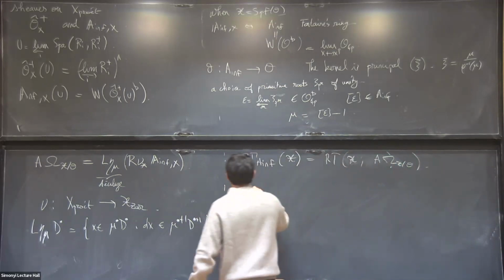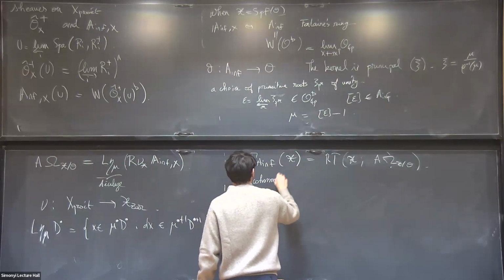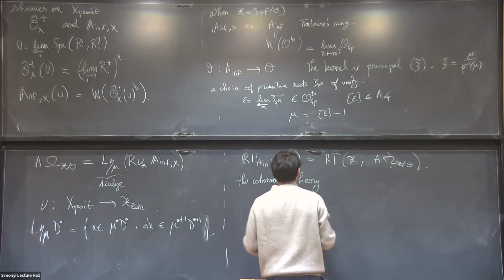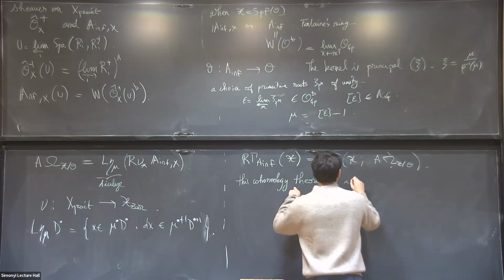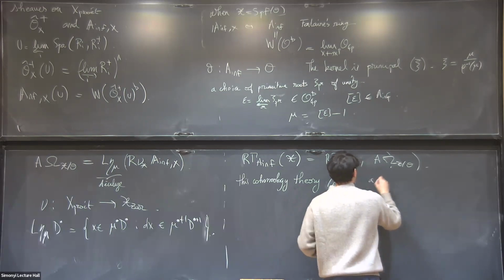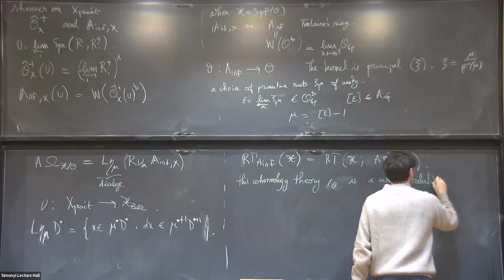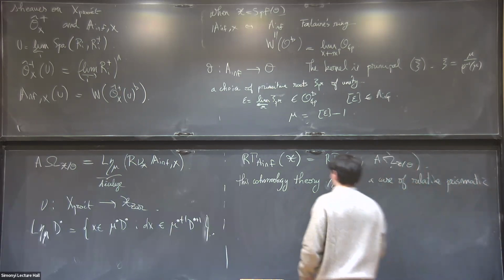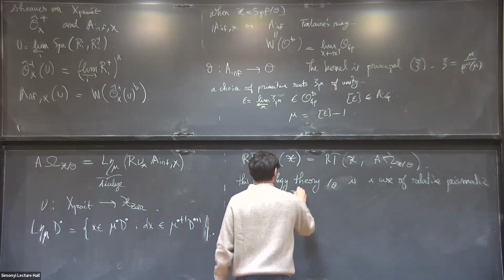And this cohomology theory over O is actually a special case of relative prismatic cohomology, as developed by Bhatt-Scholze and Bhatt-Lurie.